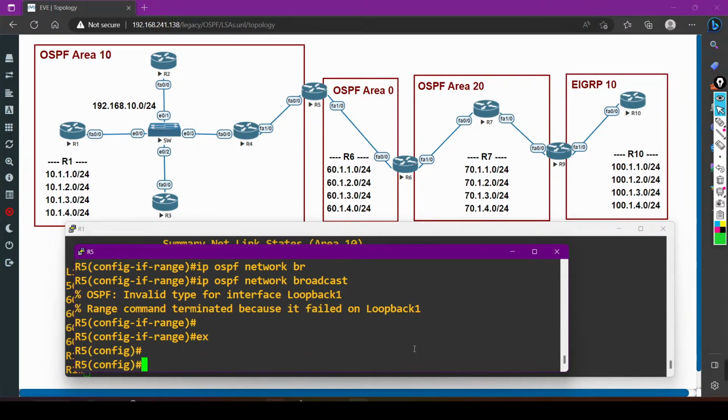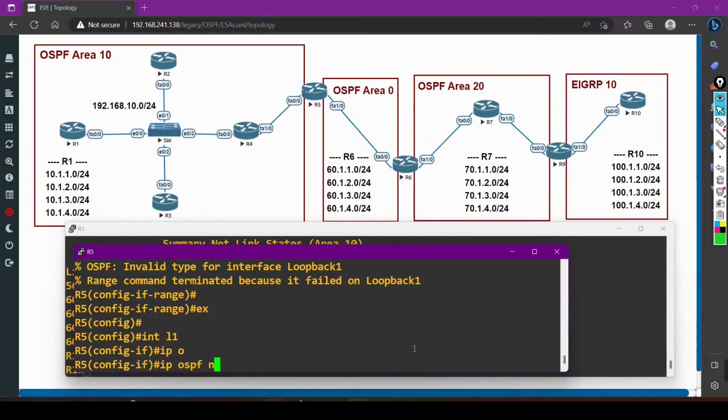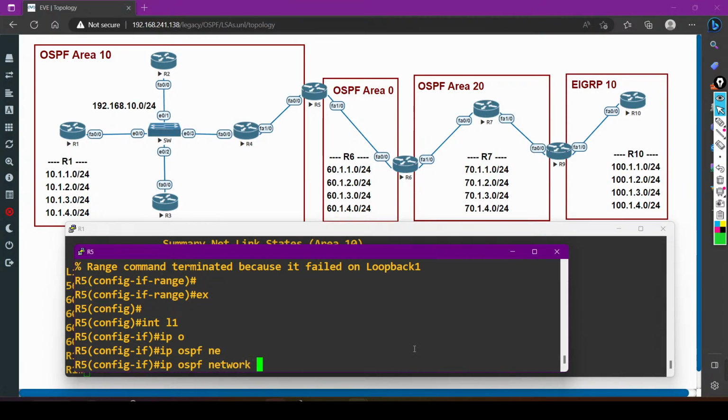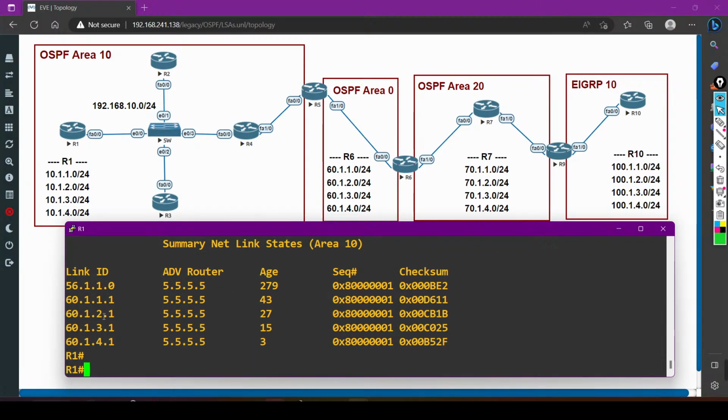Let me run it manually. Interface loopback 1, IP OSPF network type broadcast. Are you not able to change the network type on the loopback interface? So the network type on a loopback interface will always be loopback. So okay, just consider these are your networks.